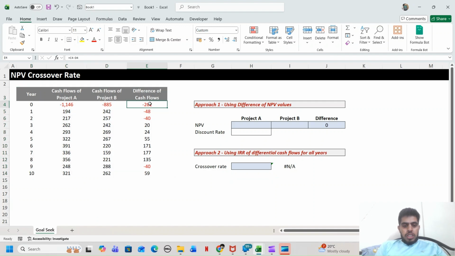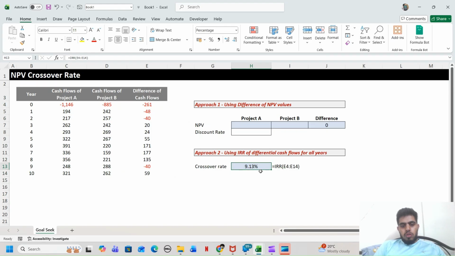So, in a conventional way, how we can tackle this situation is we can take the differential cash flow of these two projects and we can simply apply the IRR and we can get it. And what is the formula for IRR? It is simply we need to select all the values range and press enter.